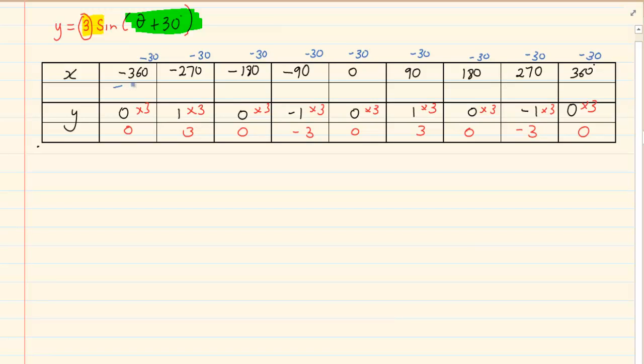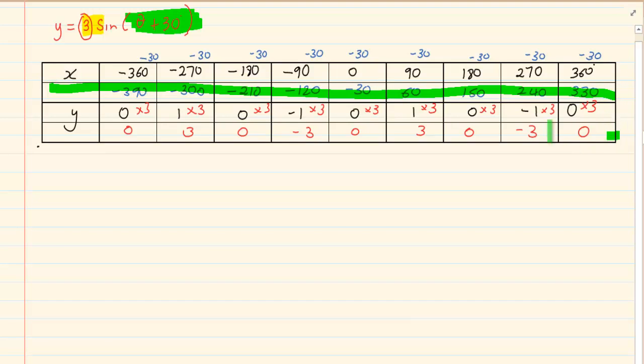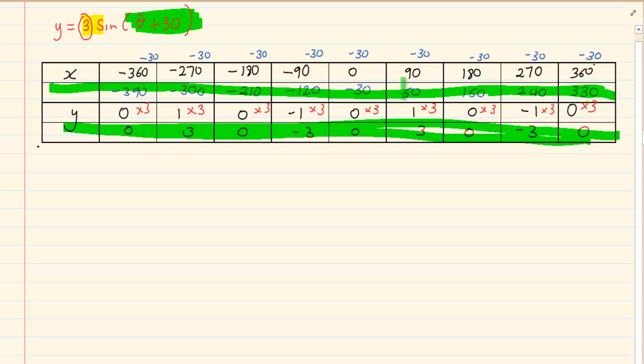So what are we plotting? We're plotting minus 390 and 0. So what we now plot is, we plot these coordinates with the following. We are not using the mother graph to plot. So let us plot it.